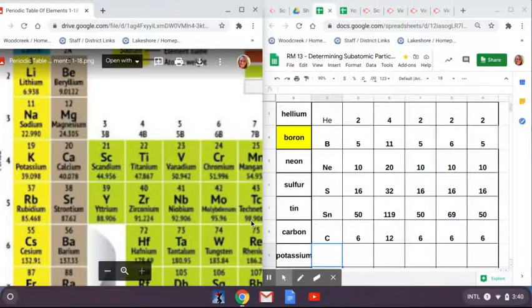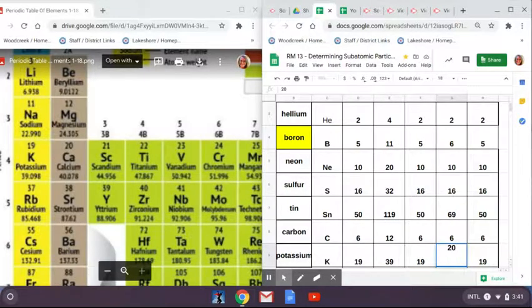And it's represented by a capital K, and it has 19 for an atomic number, and its mass number is 39. Because the atomic number is 19, I have 19 protons and 19 electrons, and my neutrons will be the mass number 39 minus the atomic number 19, 20.